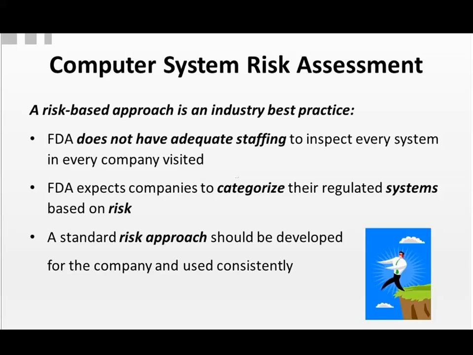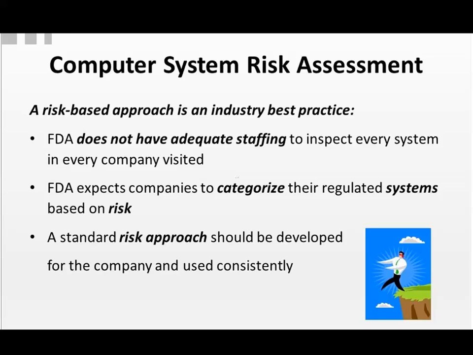FDA again doesn't have adequate staffing, so they expect you to have that list of GXP systems prioritized by risk. You want to use a standard risk approach so that you're evaluating each system consistently. This way you can prioritize them relative to each other.